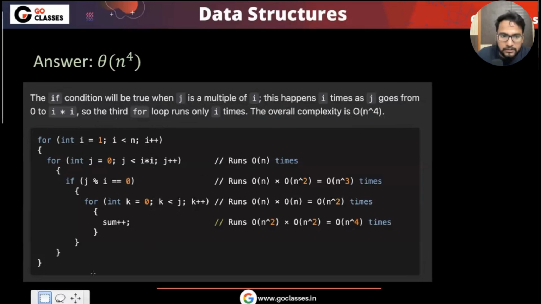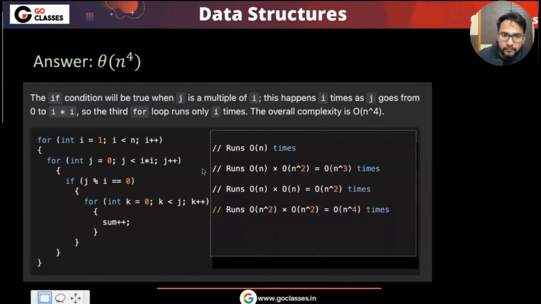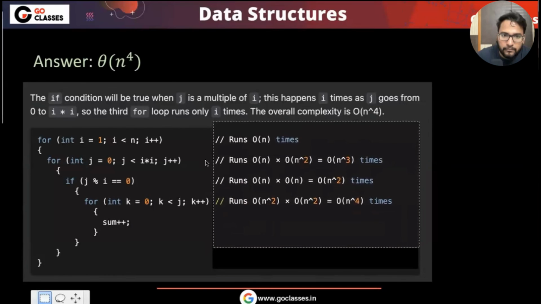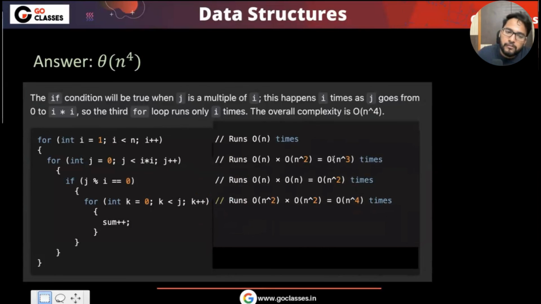This runs n times, this runs n square times. So n square into n cube times basically.